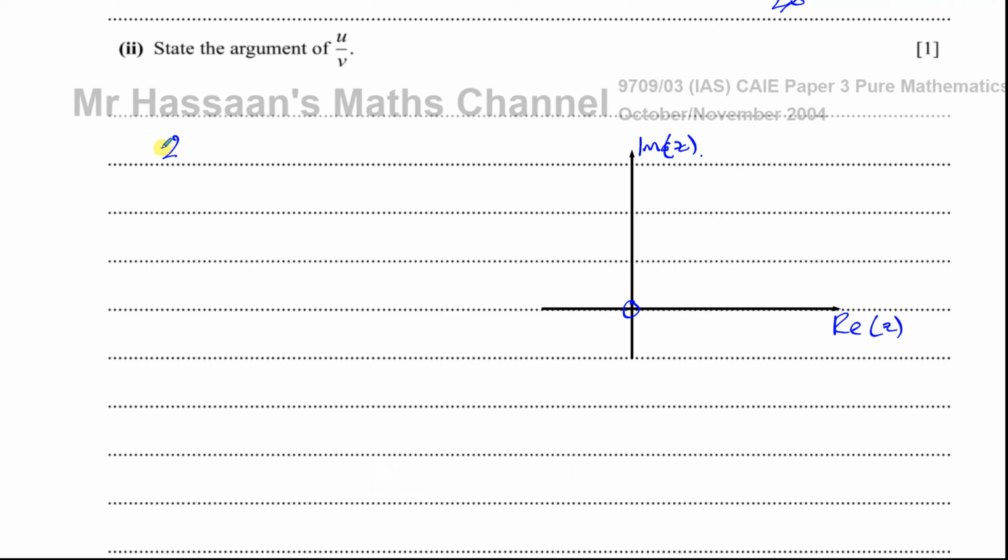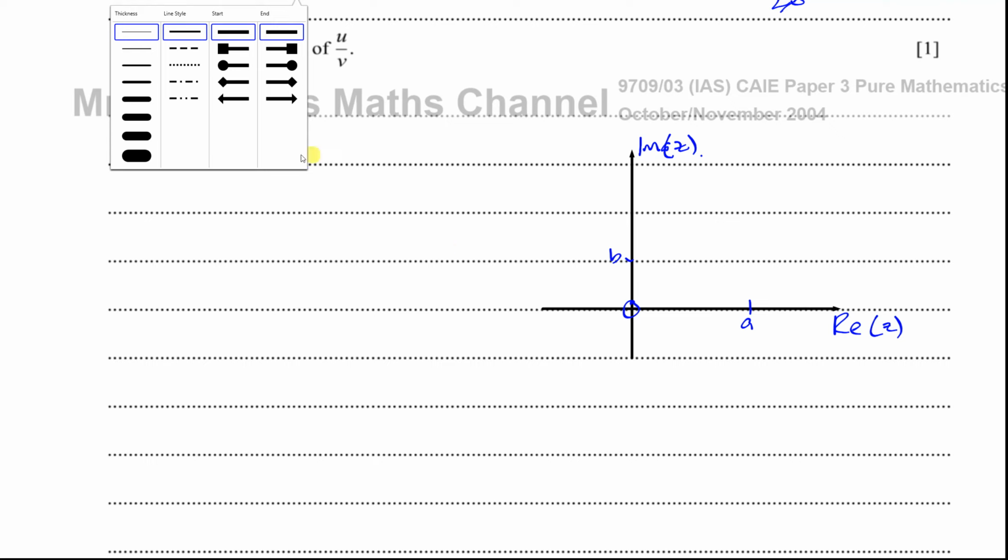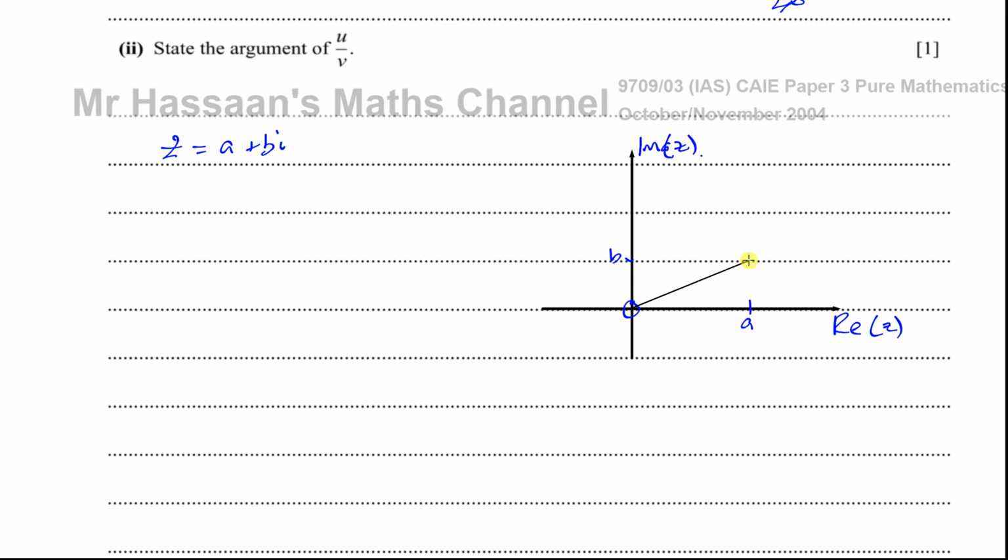So if you have your complex number a plus bi, you can actually plot it like a coordinate. For example, if this is a and this is b, you can plot the point here, and you can have a line that joins the point.